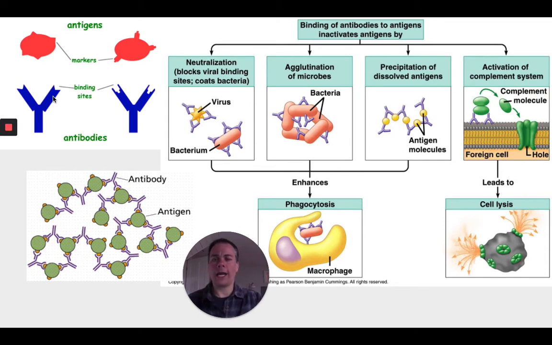Antibodies are these Y-shaped proteins, and they have binding sites that match up with these antigens. And so this antibody that you see on the right has a different set of binding sites than this antibody, and that's because they're specific to certain pathogens.